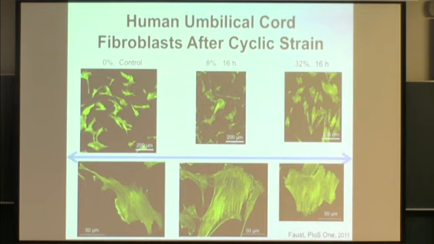They all rotate away. If you look at the individual cells, you'll see here, for example, stress fibers in this direction, in that direction. You'll find all directions. And here we find stress fibers only out of the strain direction.